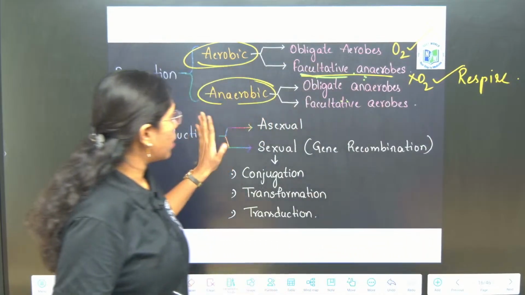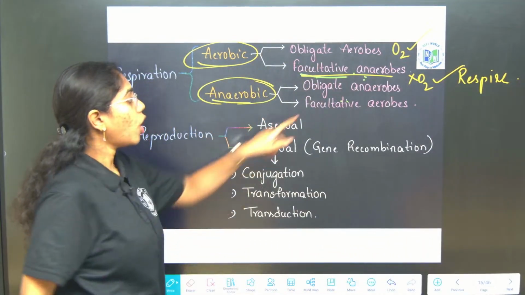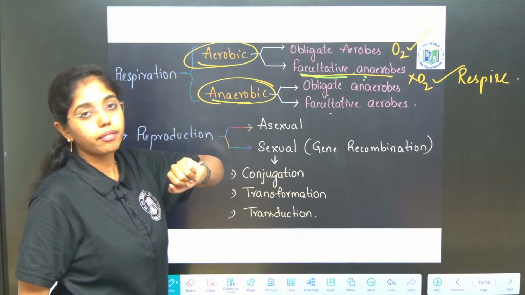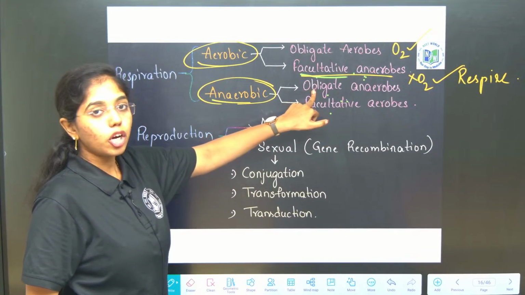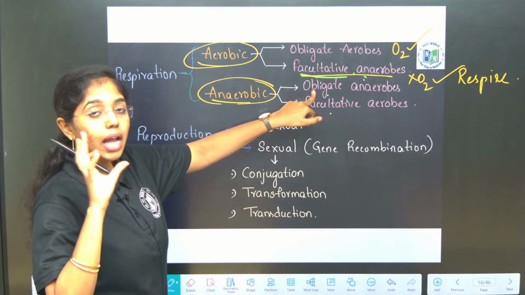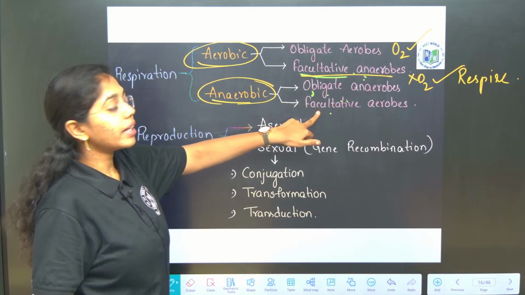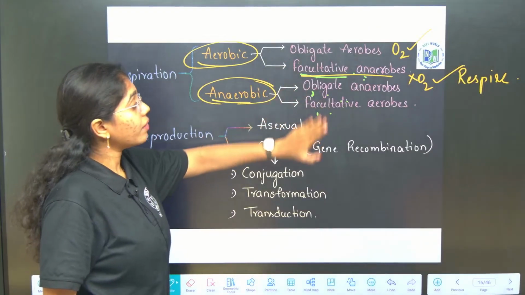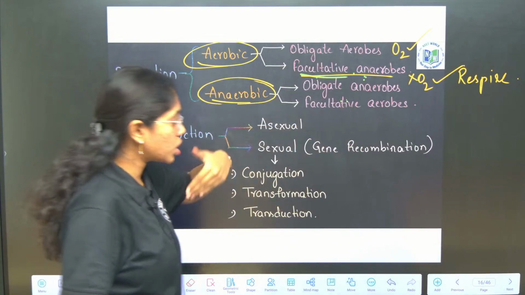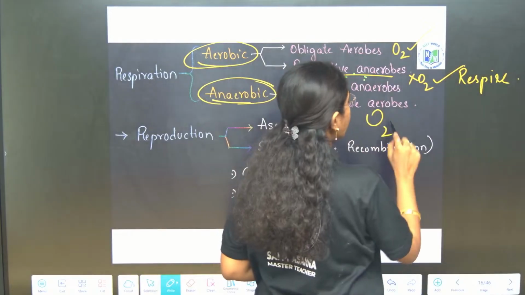Anaerobic mode of respiration has two types again, obligate anaerobes and facultative aerobes. Obligate anaerobes respire completely in anoxygenic conditions only. Facultative aerobes, even when oxygen is present at a few times, also respire in that condition.